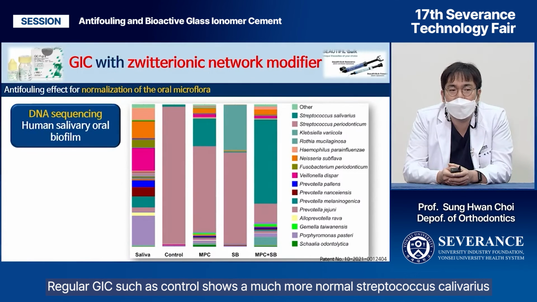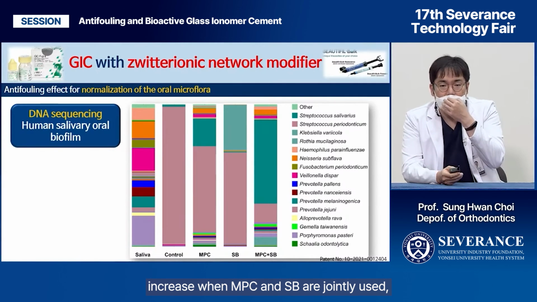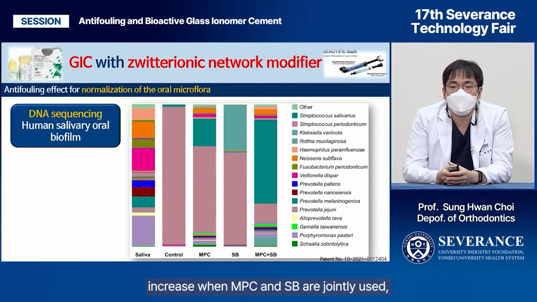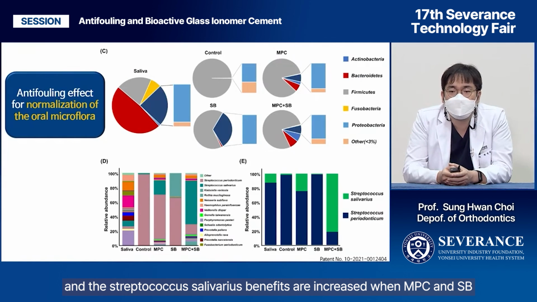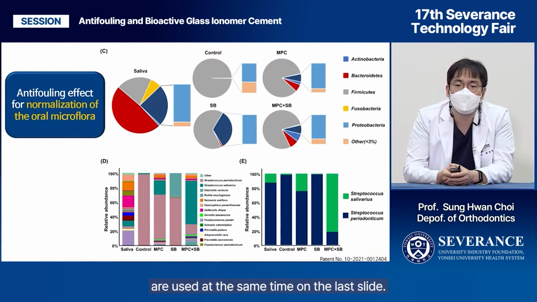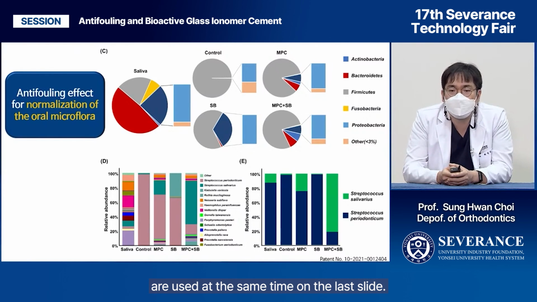Regular GIC, such as the control, shows an increase in harmful bacteria such as Streptococcus periodonticum, while the beneficial Streptococcus salivarius increases when MPC and SB are used at the same time, as on the last slide.